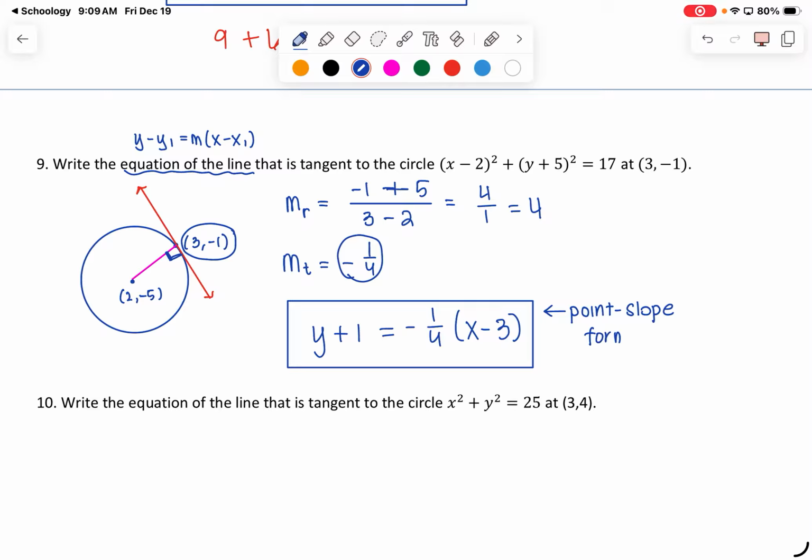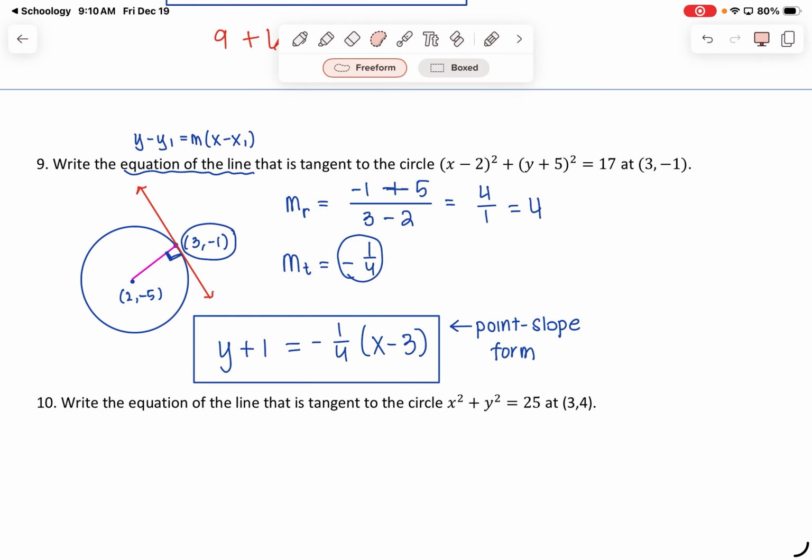If it asks us for slope-intercept form, then you would have to distribute your -1/4 and subtract 1 from both sides. So let's also get slope-intercept form in case we are asked for it, okay? If we distribute our -1/4, we have y plus 1 is equal to -1/4 x plus 3/4. -1/4 times -3 is 3/4.